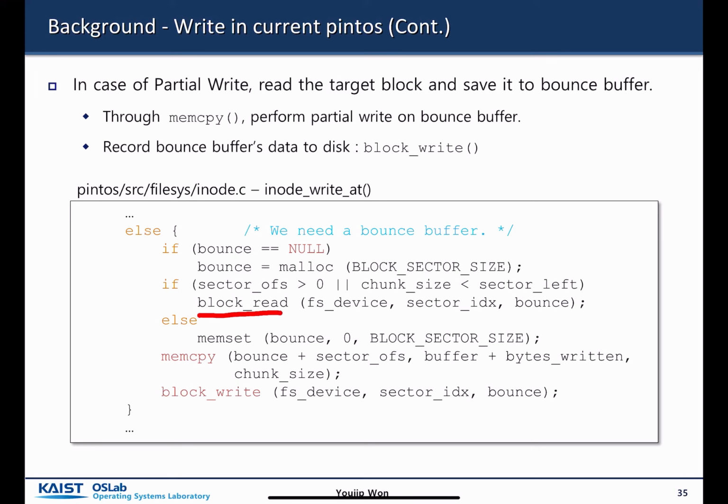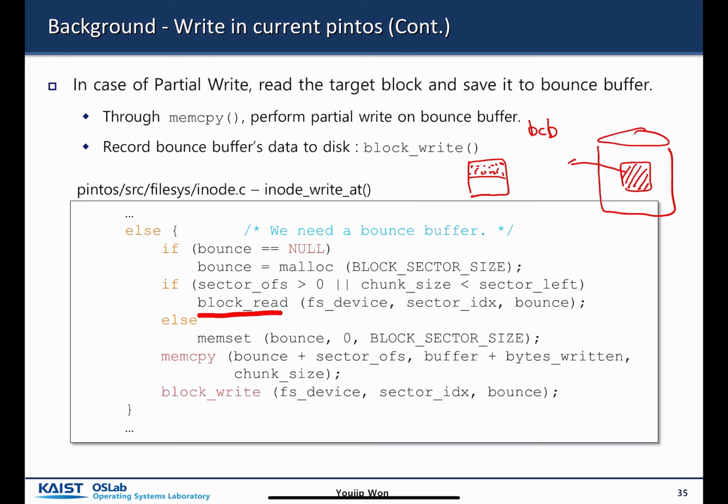So there's the disk, and then you want to write part of the block. This is the contents you want to write. This is the bounce buffer, and this is the block you want to write.